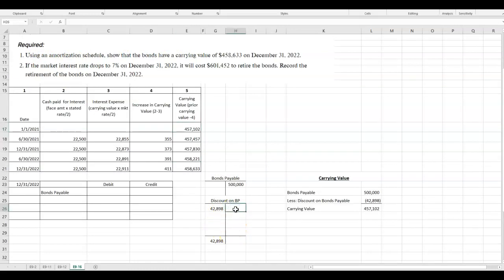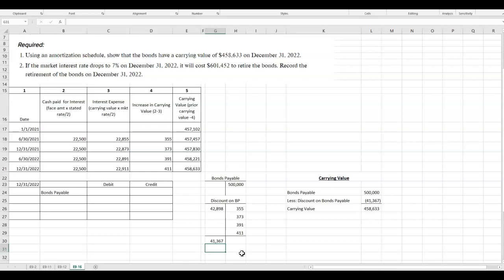Over the years, we have increased our carrying value by reducing our discount account. So 42,898 minus 355 minus 373 minus 391 minus 411.